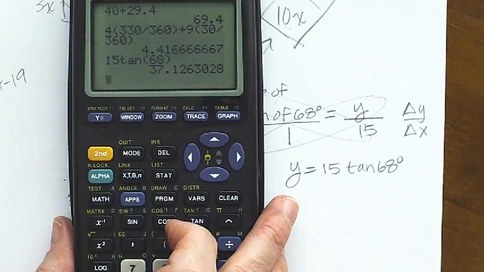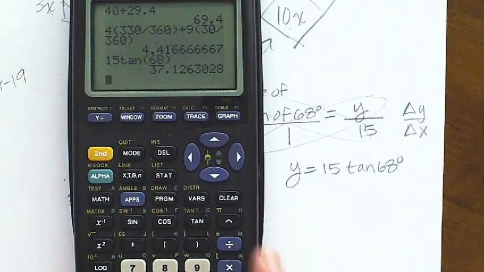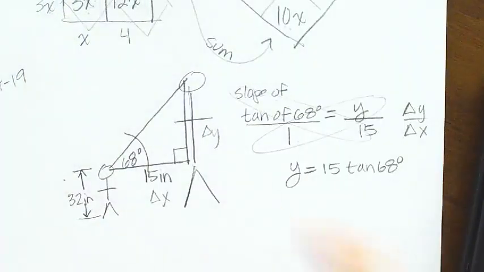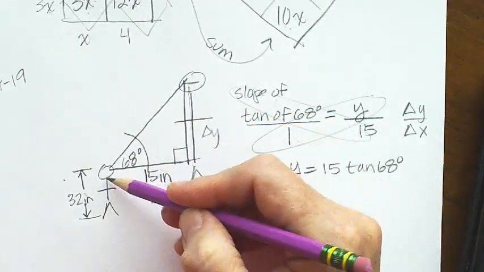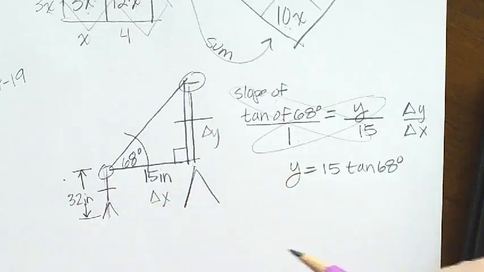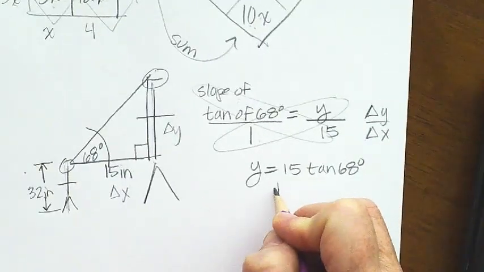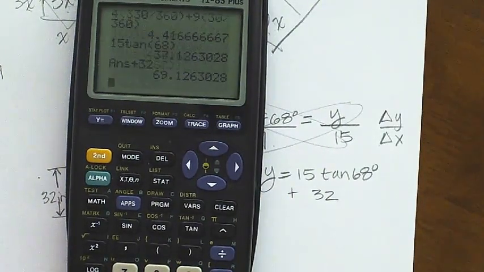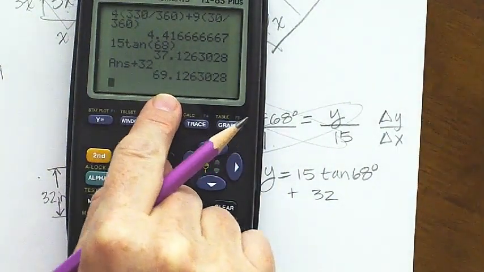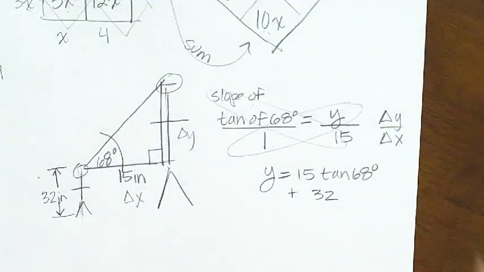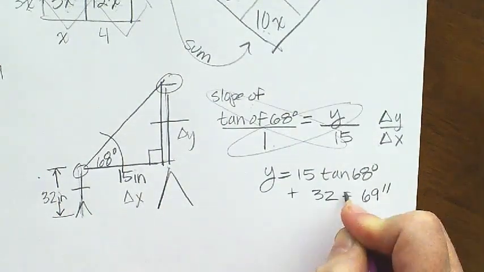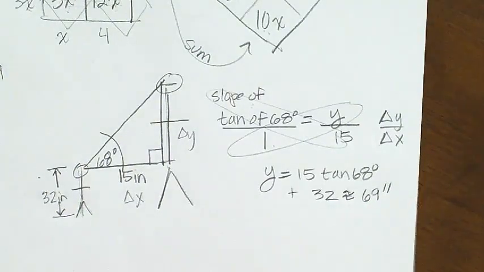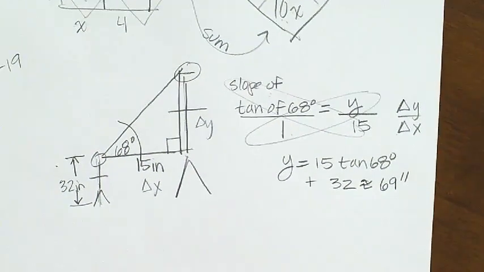Okay, why don't we just add, so that's this distance from his eyes to here. Let's add the 32 inches for Mary's height. So plus 32 is 69.12. So why don't we say about 69 inches, approximately 69 inches.